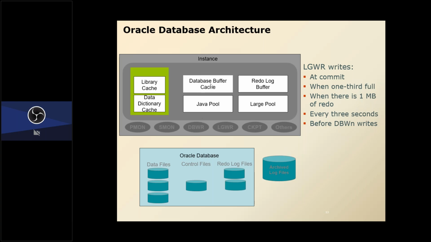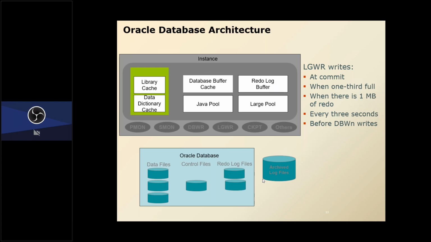Now say for example you have committed that record. Before the database writer process writes that updated record, or I should call it the dirty buffer, into the data file, your log writer process writes that data from the redo log buffer to the redo log file.